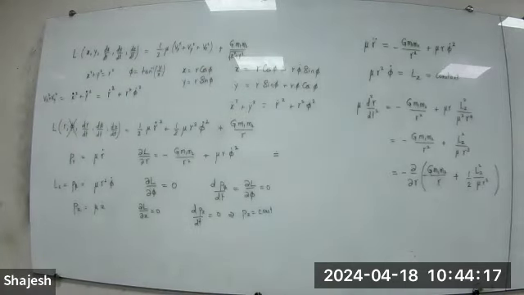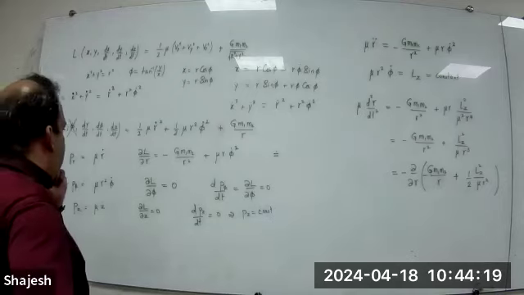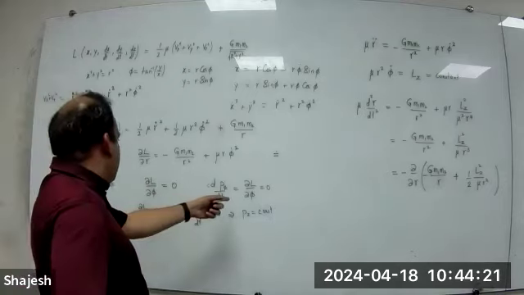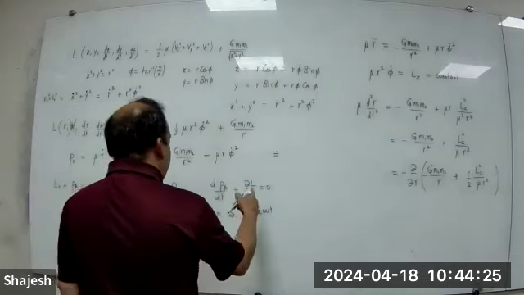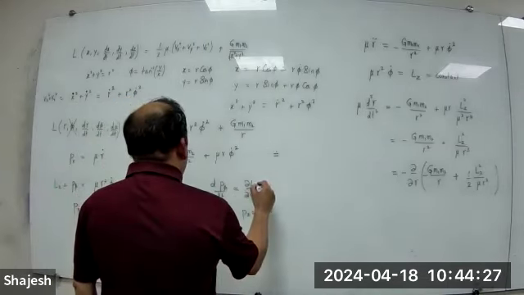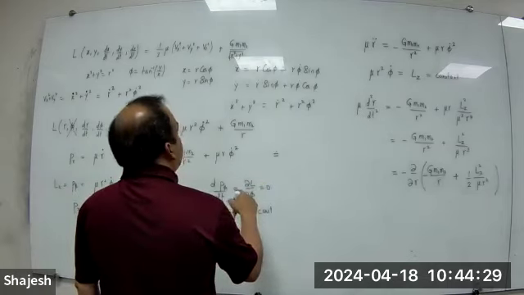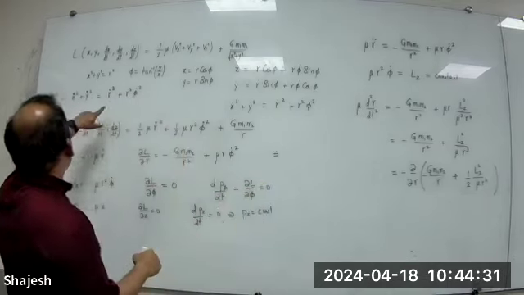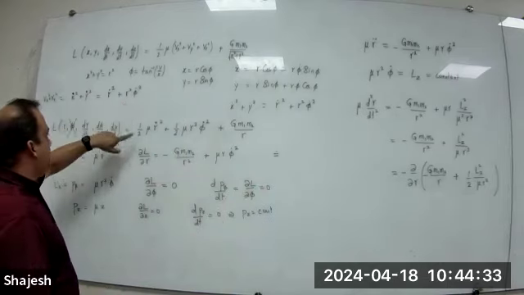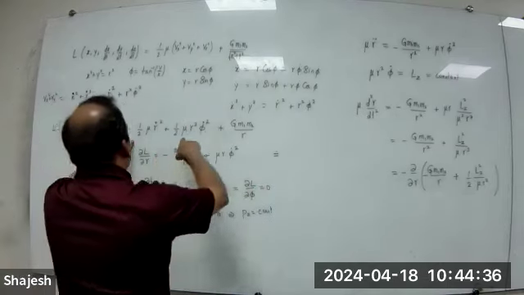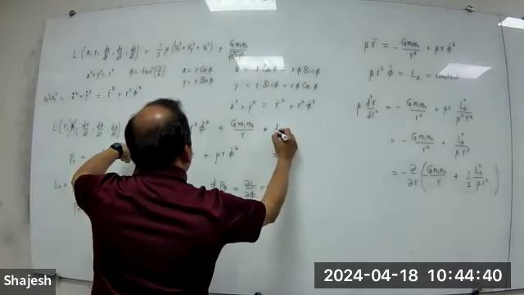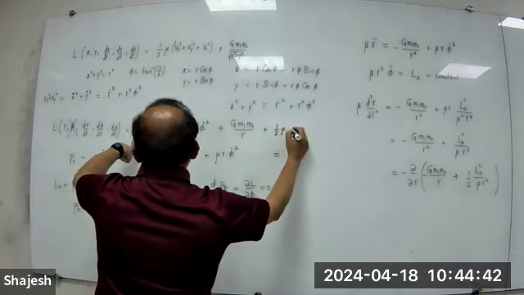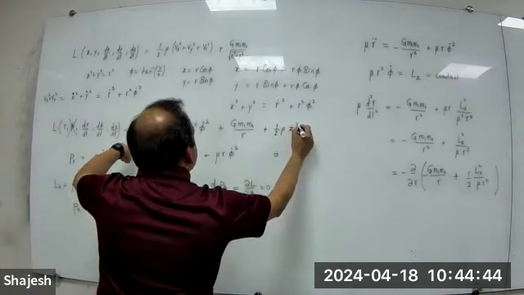Now in L, it should appear the half mu z dot square, in the second Lagrangian equation, the one below. Yes, I agree. So this should have been 1/2 mu z dot square.